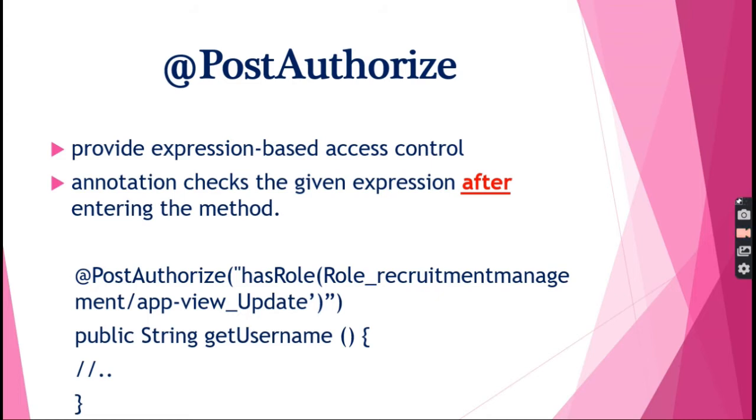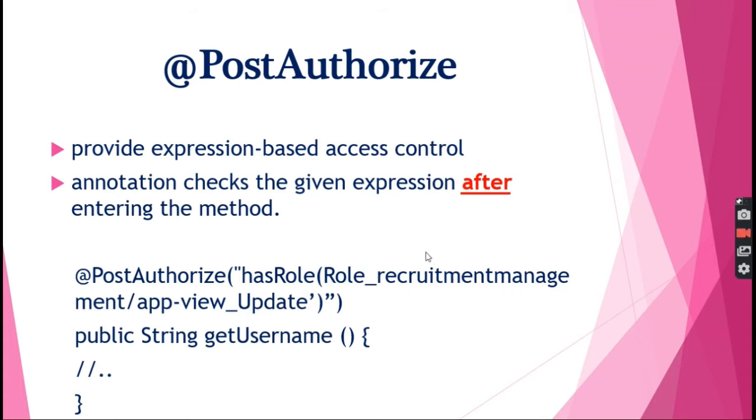What does this mean, basically? If the user doesn't have this authority, the user can access this method, but finally it returns 401, meaning an unauthorized response. If the user has this authority, it acts as a normal method, so he can go inside this method and, after executing everything, it returns a successful response.